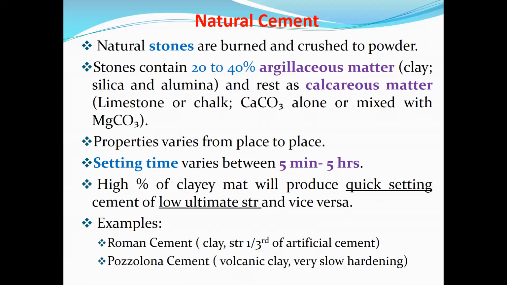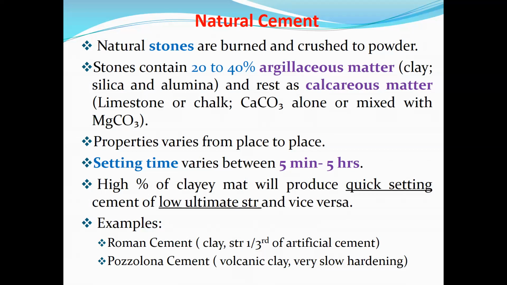And another one is called Pozzolana cement. The name comes from an Italian word. The source of this cement is volcanic clay, because in ancient days they used volcanic clay as a cementing material, as pozzolana means the capability of making bond.